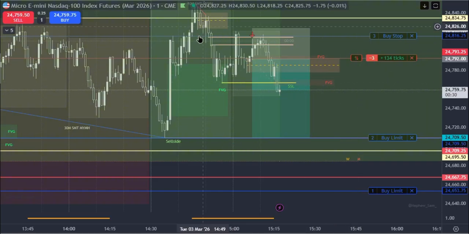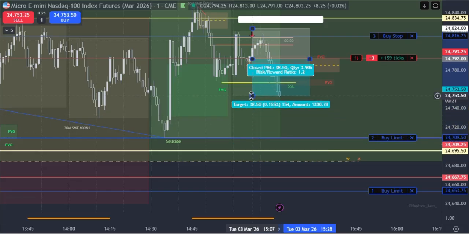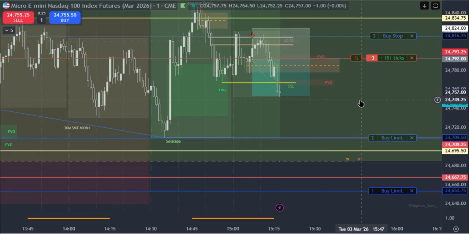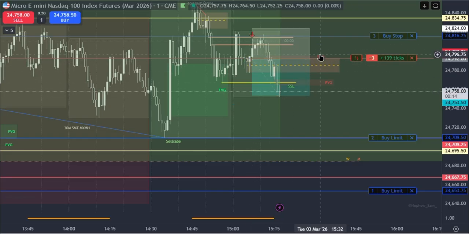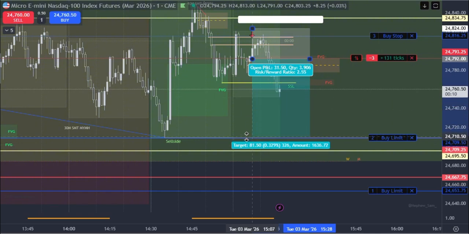If you cannot hold the trade this long, at least this is a 1-to-1. So if you like to take partials, this is a 1.2. You can take partials and then move your stop loss a little bit. That way you can minimize risk.